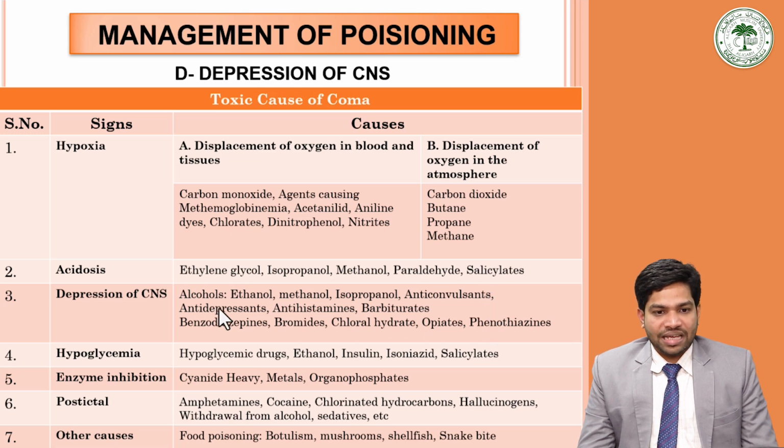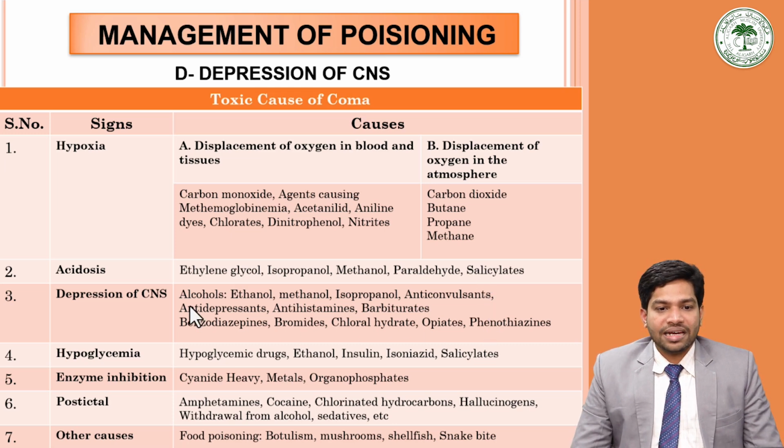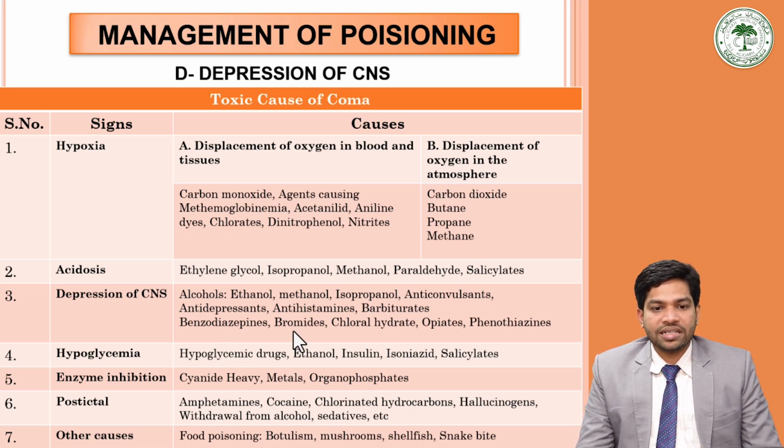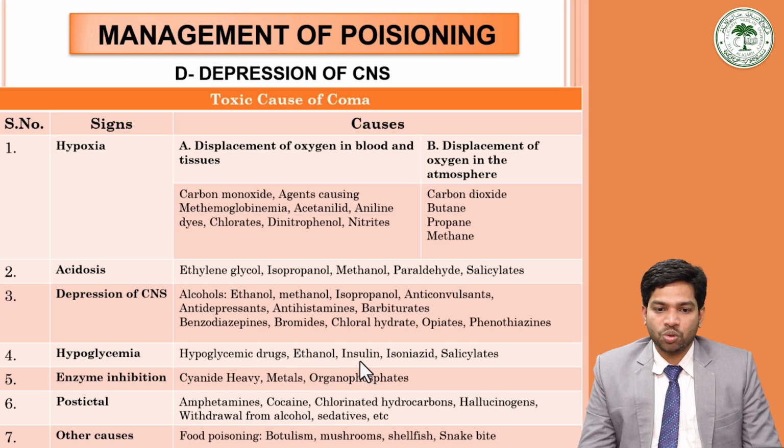Depression of CNS can be due to alcohols, antidepressants, anticonvulsants, antihistaminics, barbiturates, benzodiazepines, bromides, chloral hydrate, opiates, phenothiazines. Hypoglycemic coma may be produced by hypoglycemic drugs, ethanol, insulin, isoniazid, salicylates. Enzyme inhibition can be produced by cyanide, heavy metals, organophosphates.